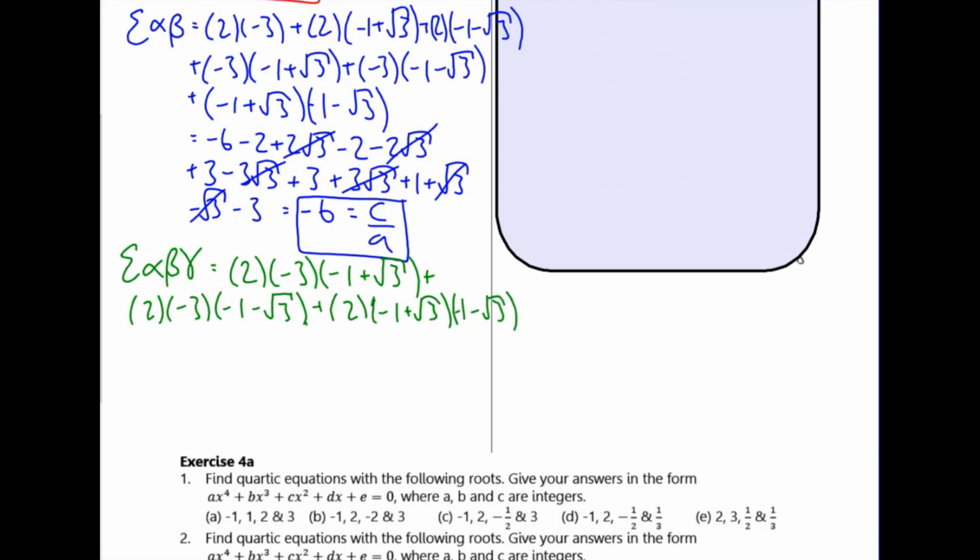And then the final one is the one without the 2, so that's minus 3 times minus 1 minus root 3 times minus 1 plus root 3.